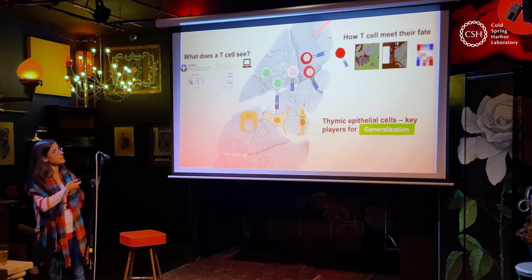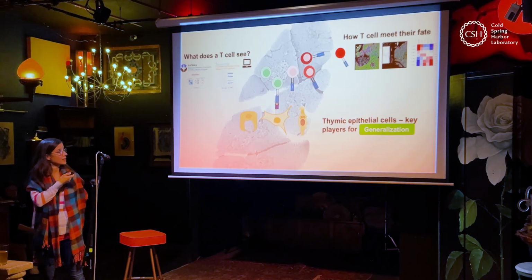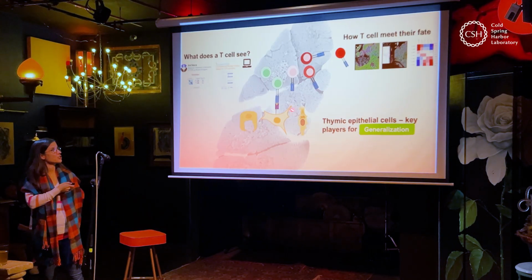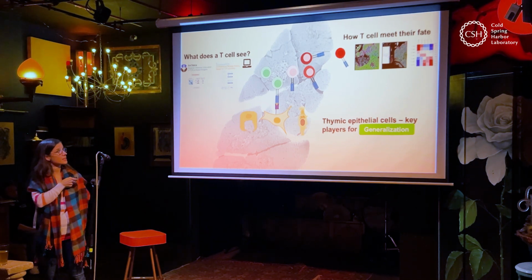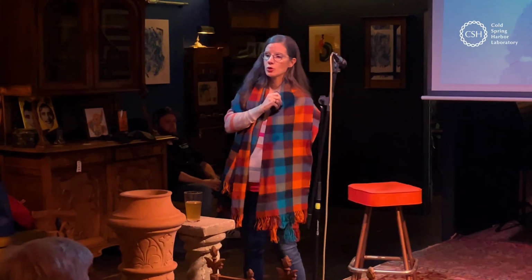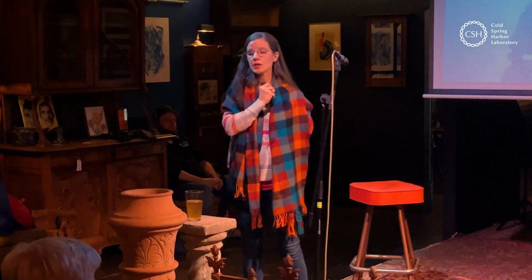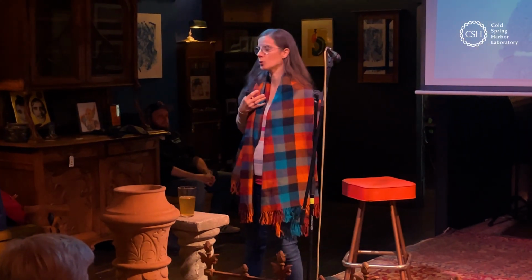To see how T cells meet their fate, we're using a lot of the techniques that I just mentioned to generate this data and look at different types of T cells, and then combine this data from human samples, and then also look at mouse samples, because ultimately the human samples are very important for us to understand what's happening in human. We don't want to cure a mouse of cancer or autoimmunity.